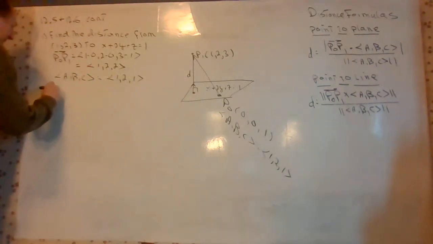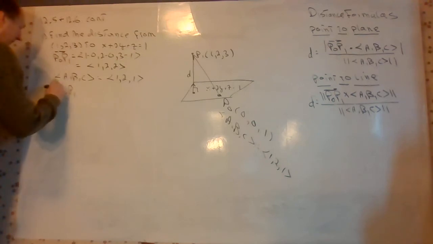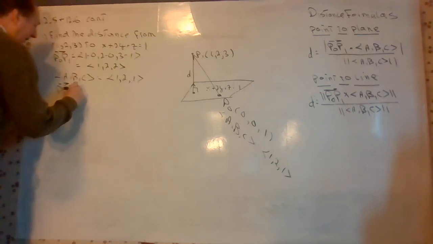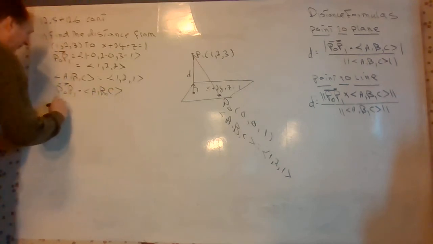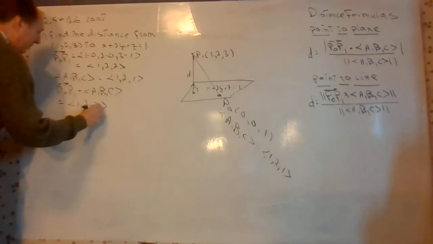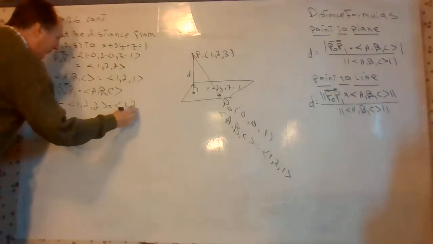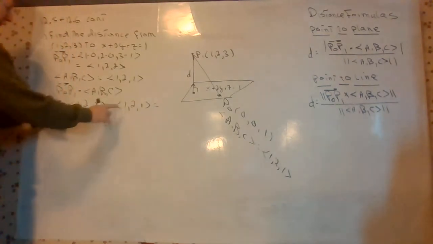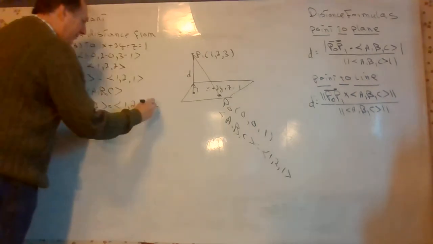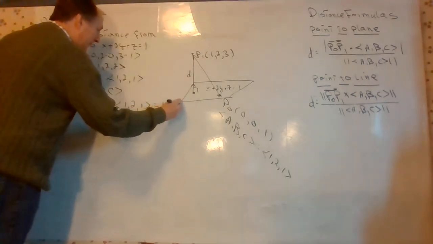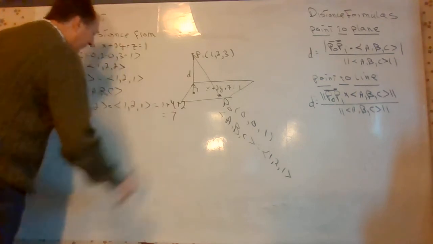And P0, P1 dot ABC is equal to 1, 2, 2 dotted on 1, 2, 1. Well, guess what? That's 1 plus 4 plus 2, which is equal to 7.